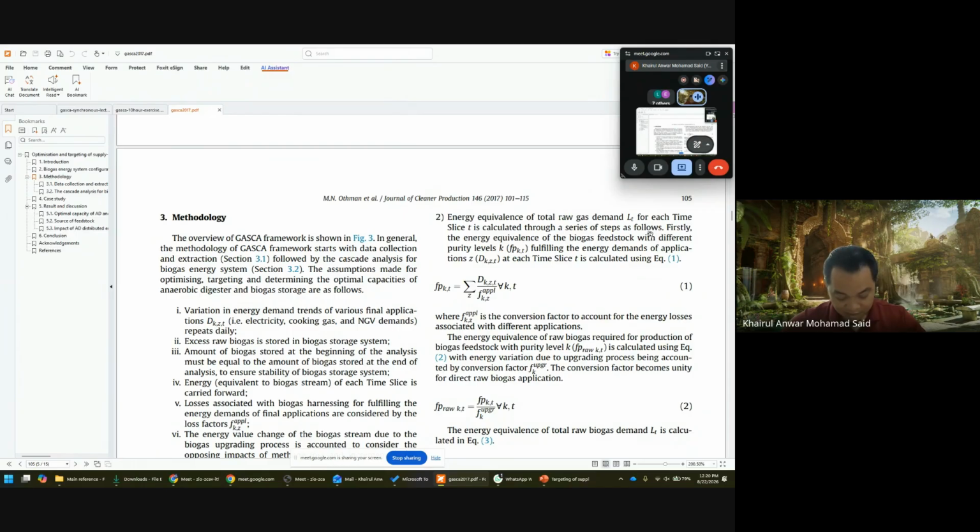Let's say 6 hours, then we can find the pinch within the 6 hours data. But for this paper, it's based on 24 hours, so we have 24 time slices.